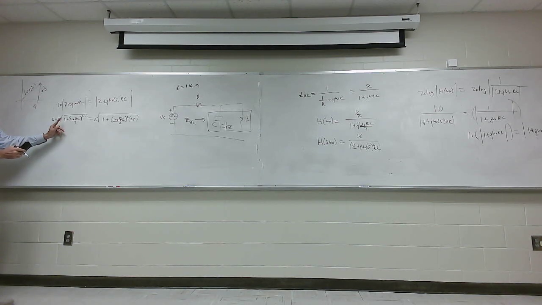This is 4, correct? So I got omega naught over RC squared. I factored out, that was a 4, square root of that is 2. I factored that out. I got 20, and I'm going to get rid of that 10. I'm just going to see if this actually is going to work. It should, but let me just see here. No? Well, maybe. Wait.